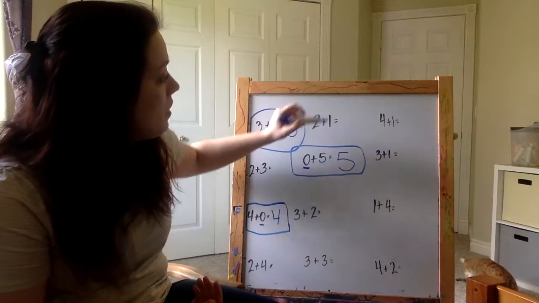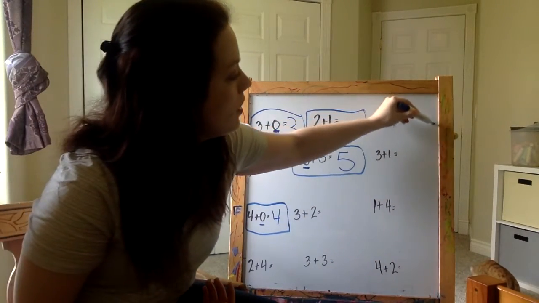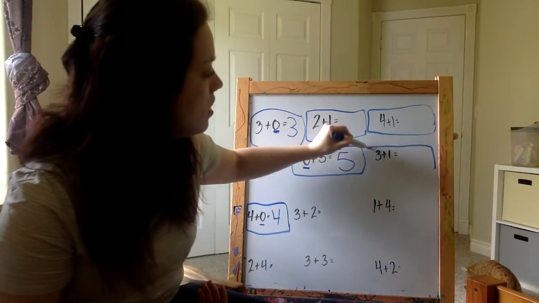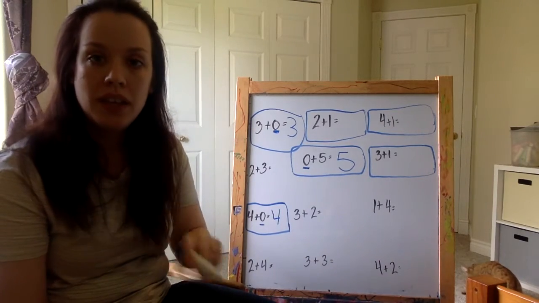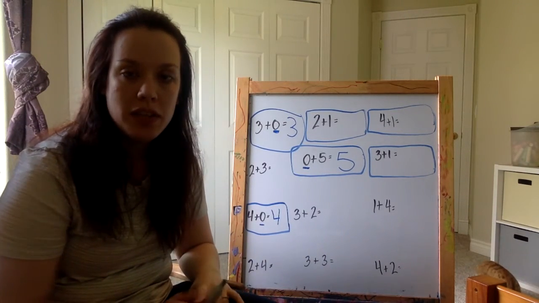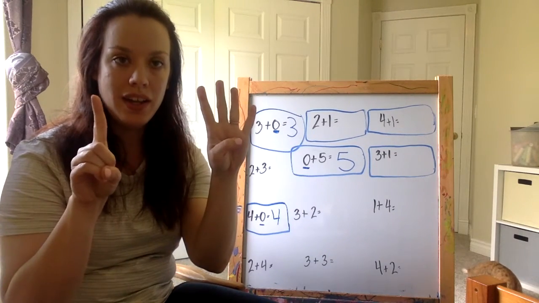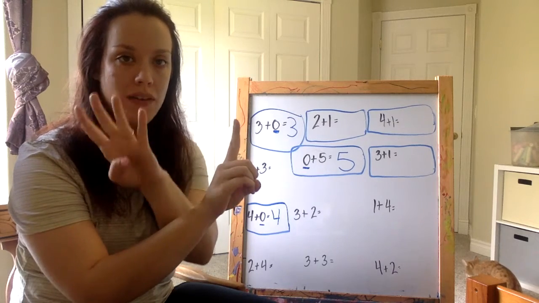If you said we're looking for the ones that add 1, you are correct. So I'm going to go ahead and circle all of the addition problems that add 1. Remember how last week we talked about 4 and 1 is the same as 1 and 4.